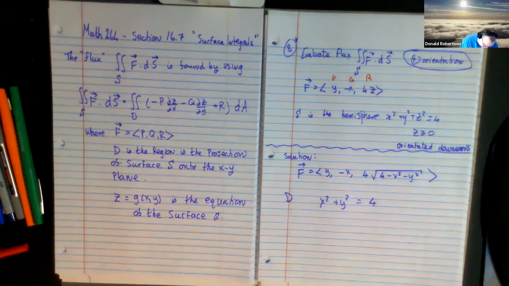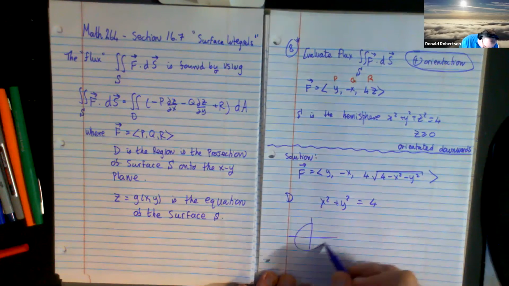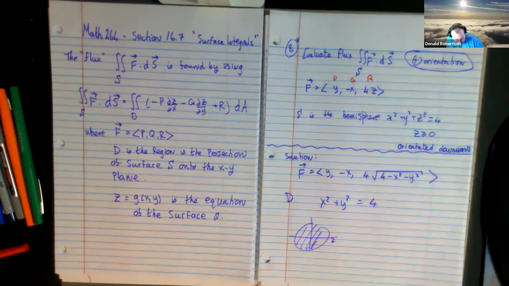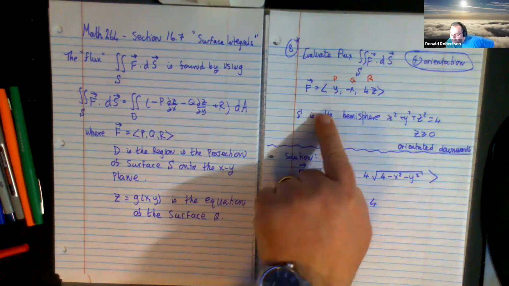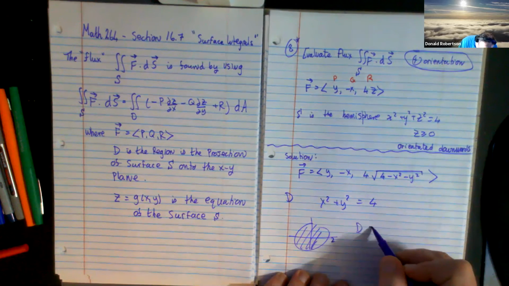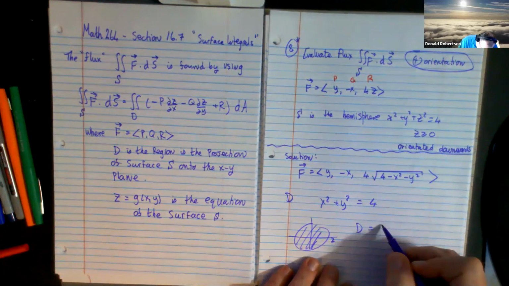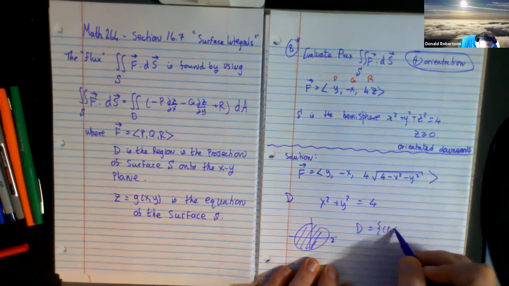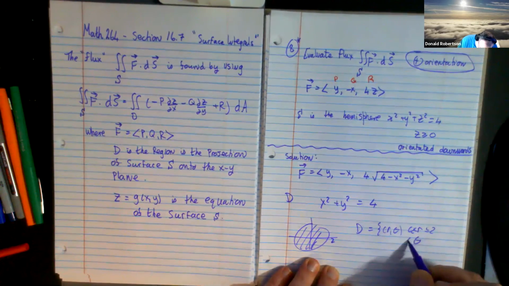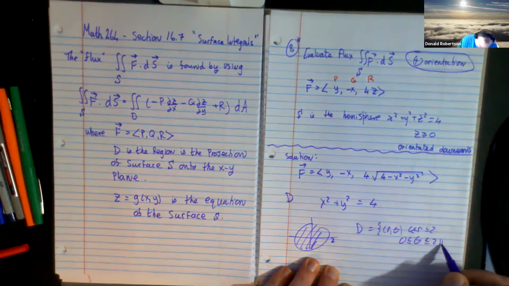So D will in fact be the complete circle of radius 2. Are you happy how I interpreted that from this information here? Okay, so D is going to be polar. It's going to be R between 0 and 2, and theta, since it's a whole circle again, from 0 to 2 pi.